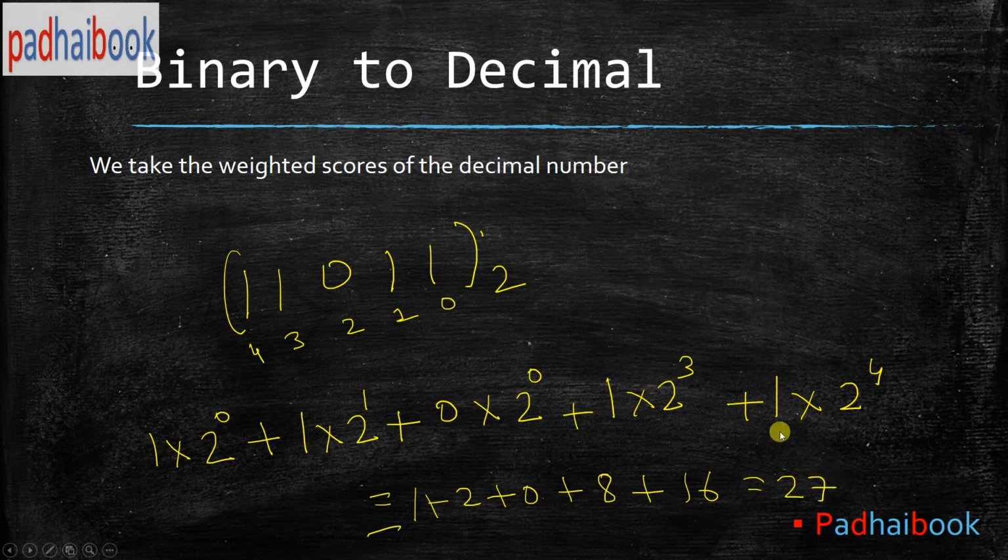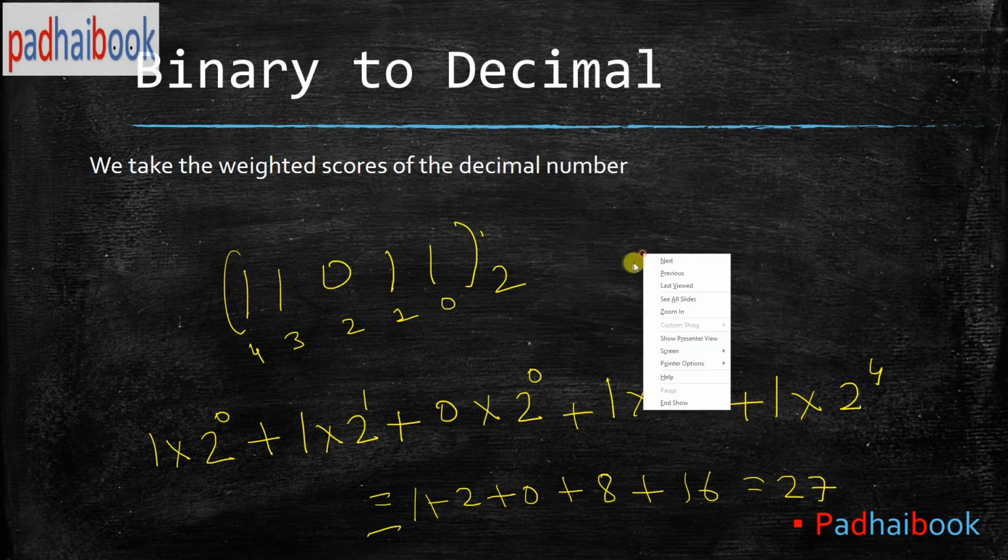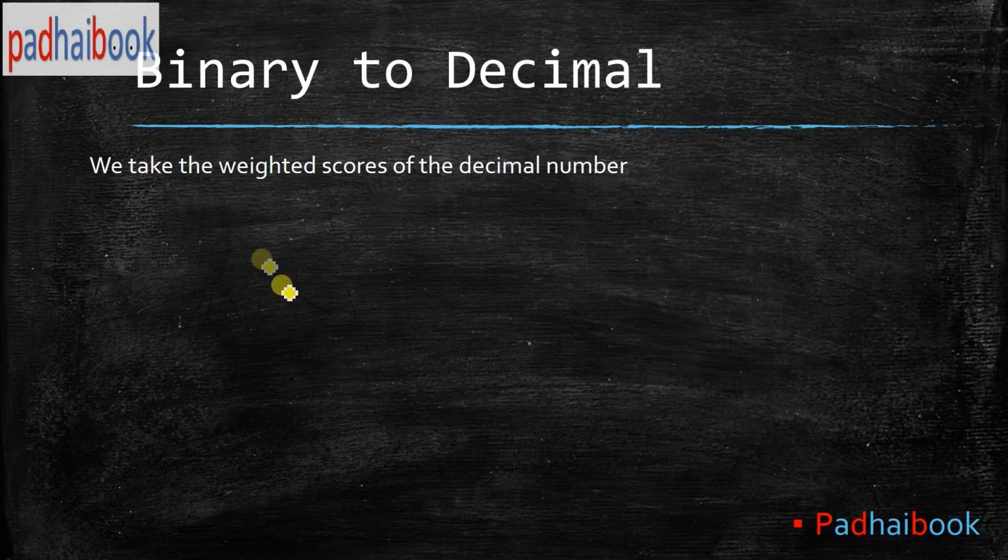Okay, let's try another example just to understand this better. Suppose we are given a fairly big number like 10110101. Now let's convert this into decimal.